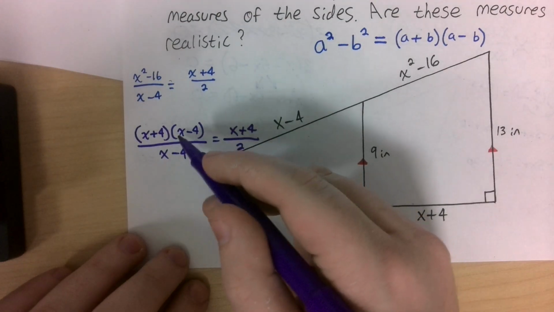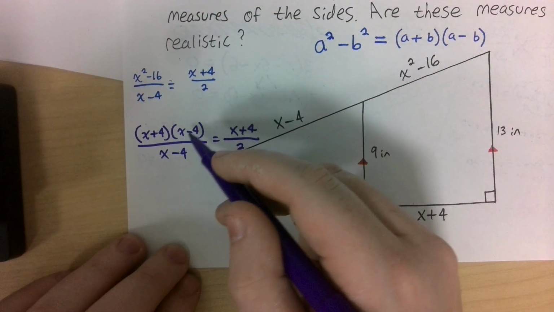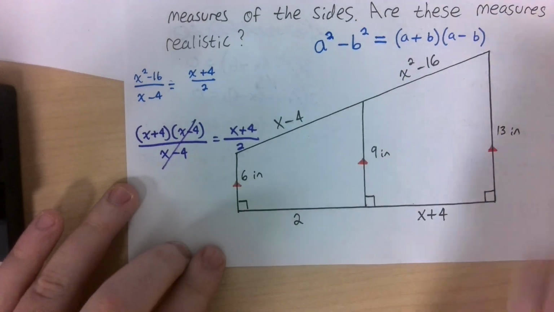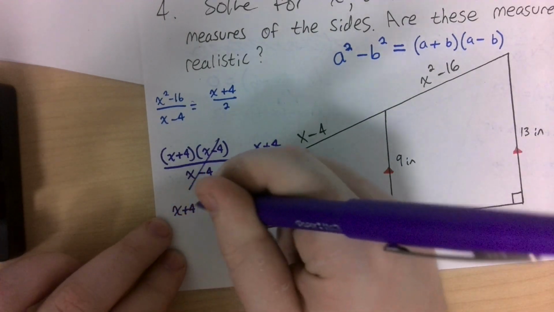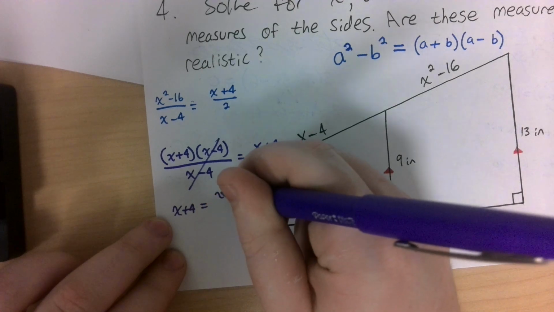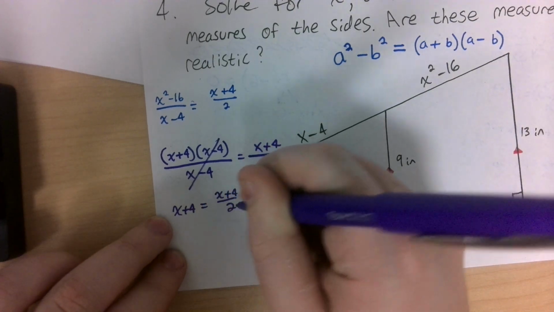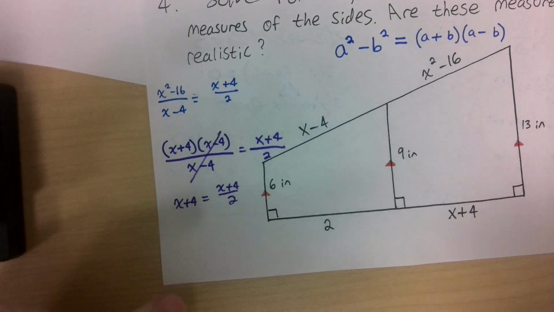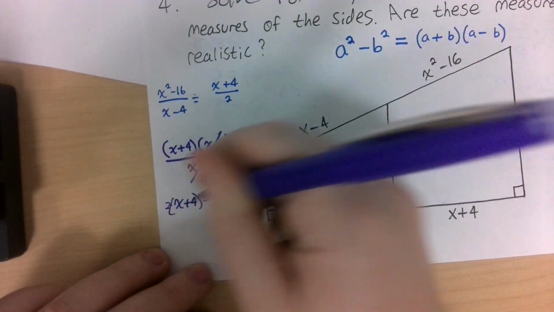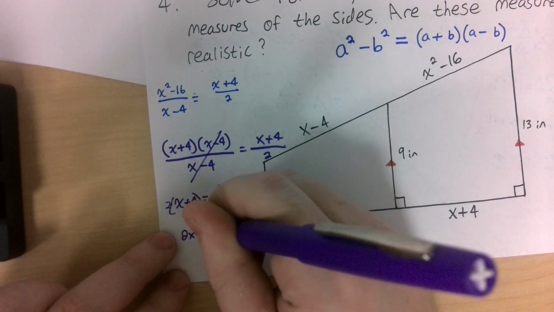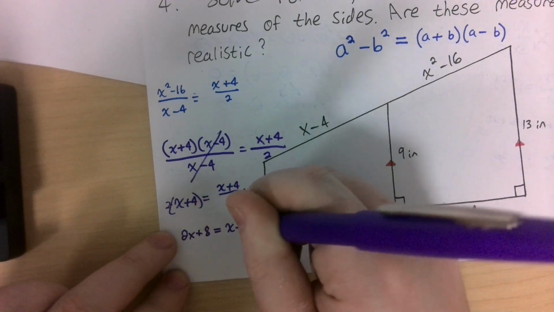An x plus or minus 4 on top of a fraction, and on the bottom, will cancel out. We end up with just this. x plus 4 equals x plus 4 over 2. Heck, if I was to multiply by 2 on both sides, for instance, to get rid of the fraction, I would end up getting 2x plus 8 equals x plus 4.